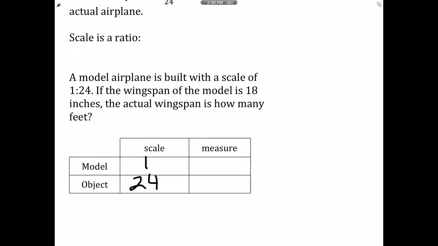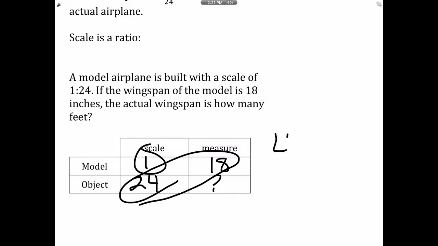And then the wingspan of the model is 18 inches. And then we don't know what the wingspan of the actual airplane is. So in this case, we would cross multiply and divide. And if I give you a second, you can multiply that, and we would end up with 432 inches.